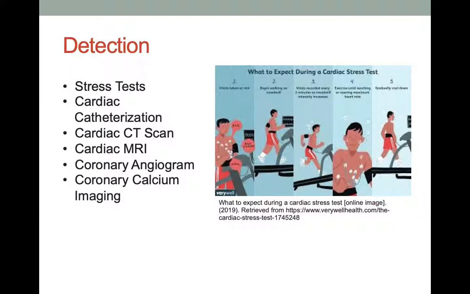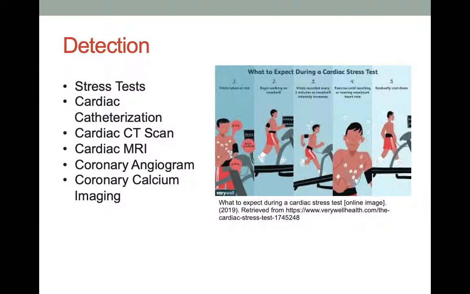And every minute they do take their blood pressure. We're going to continue doing this until a specific workload is achieved, physiological symptoms like chest pain start occurring, or the subject is just too tired to continue. So with the stress test, we can use that to see the ECG, what's going on.